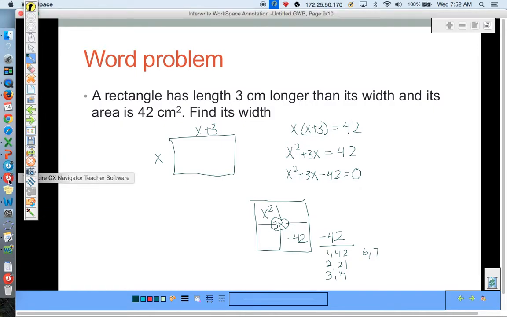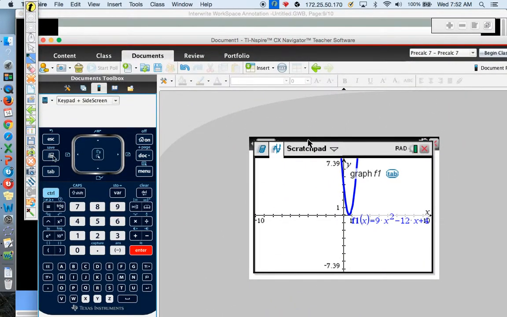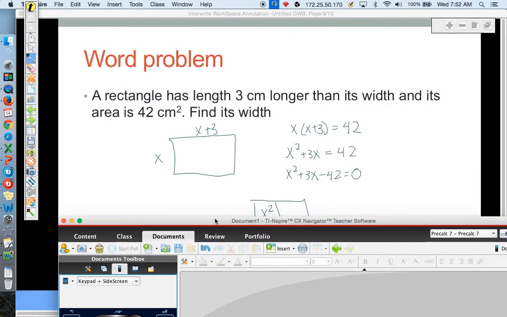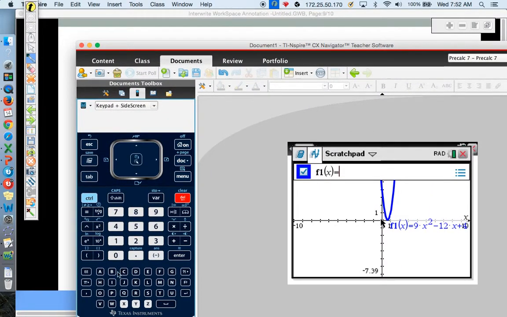Let's graph it and see. Let's see what we come up with. So we got x squared plus 3x minus 42.